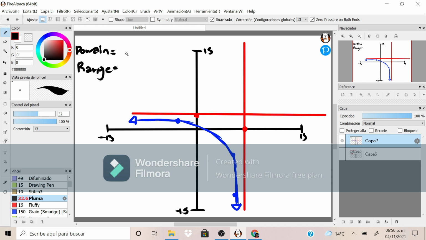So the domain would be all real numbers except 7, and the range would be the same, all real numbers except 2. And that would be the whole explanation of rational functions, radical functions, quadratic functions, and linear functions.